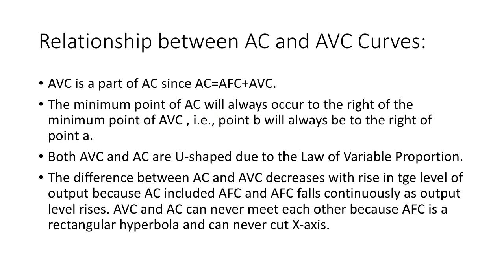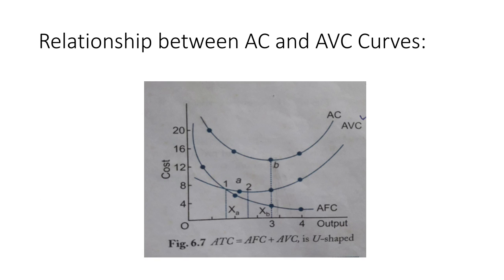Then the relationship between AC and AVC curves. AVC is a part of AC, since AC is the sum of AFC and AVC. The minimum point of AC will always occur to the right of the minimum point of AVC. That is, point B will always be to the right of point A. You can see from the diagram here.